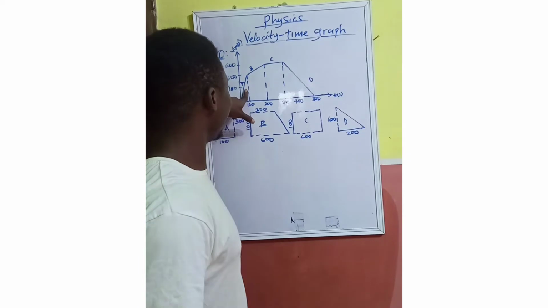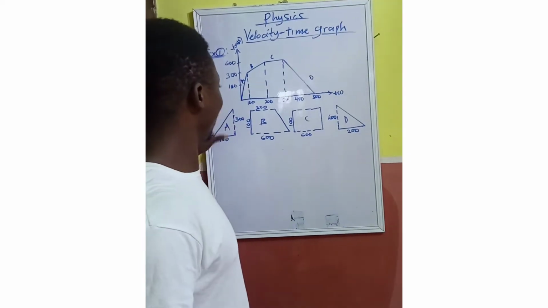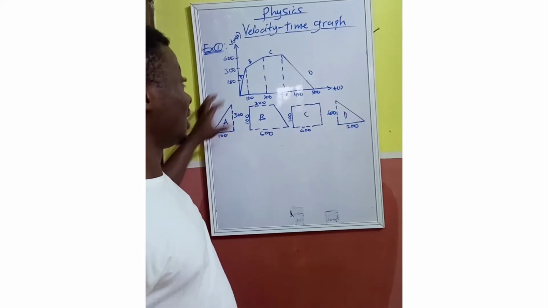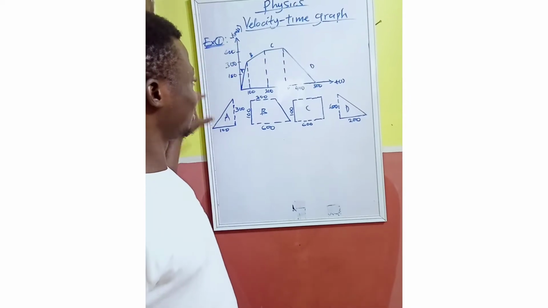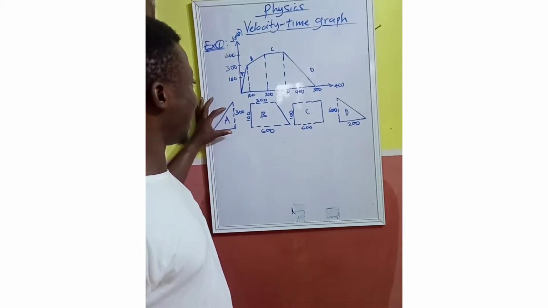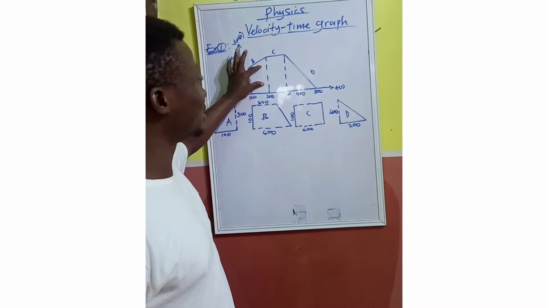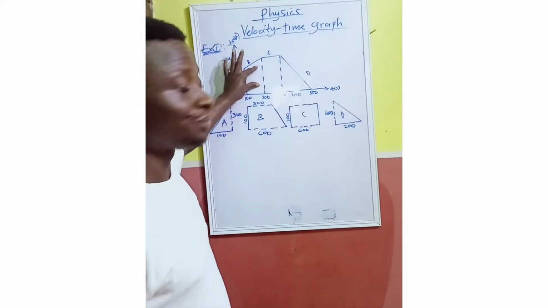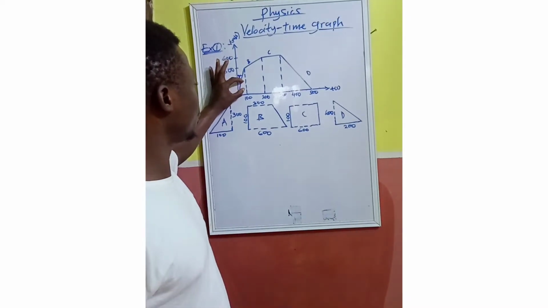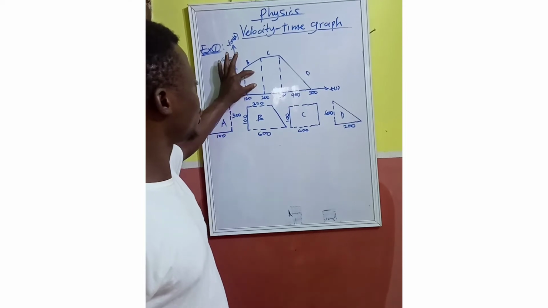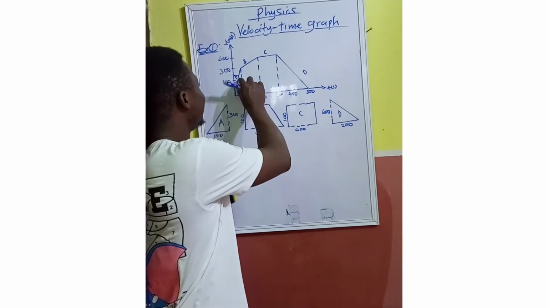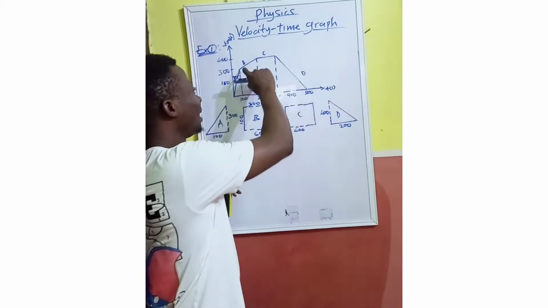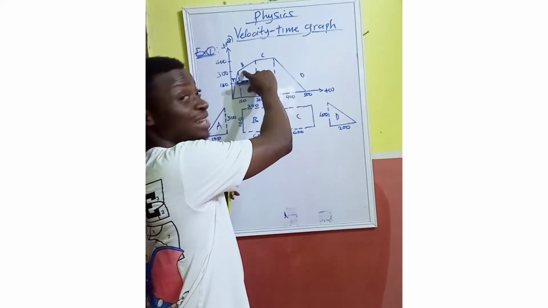Now, if you look at this diagram very well, we have a point A, which is given down here. I extracted this diagram from the image given to us. We have this portion to be A, this portion to be B. Remember, this is a right angle triangle, and this one is a trapezium.